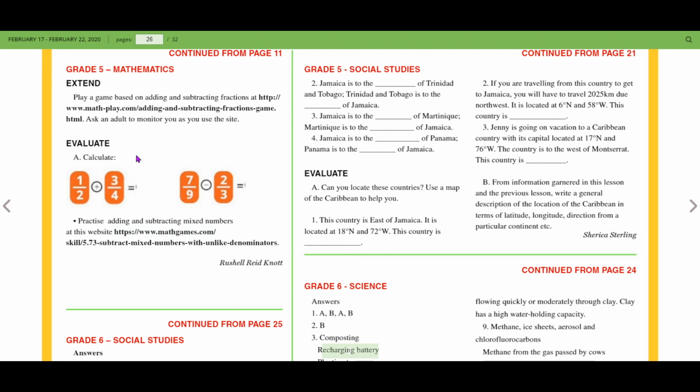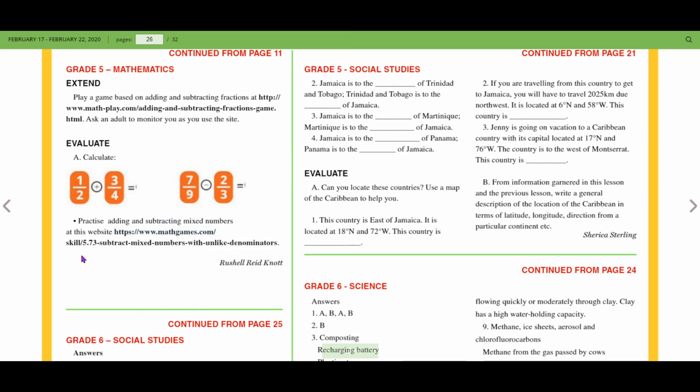Evaluate. A. Calculate the following: a half plus 3 quarters, 7/9 minus 2/3. And it says here, practice adding and subtracting mixed numbers at the website, and they have given us the link here.